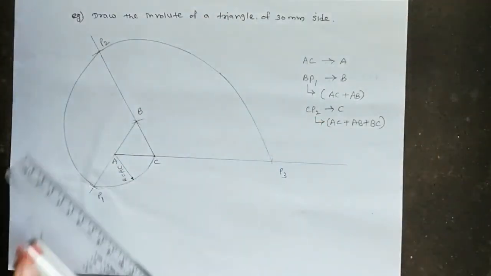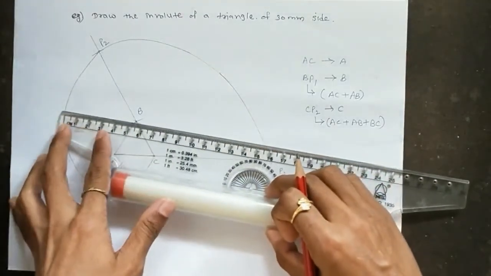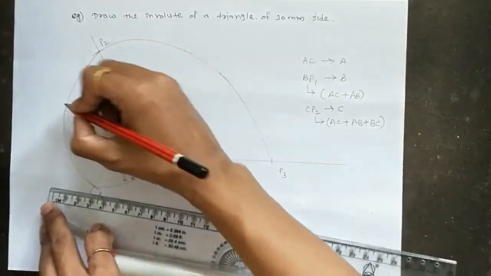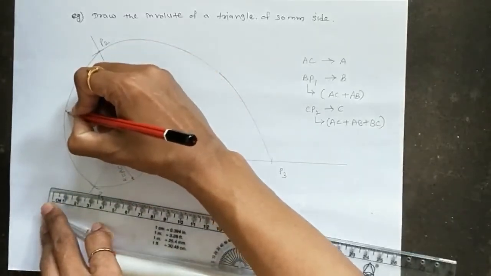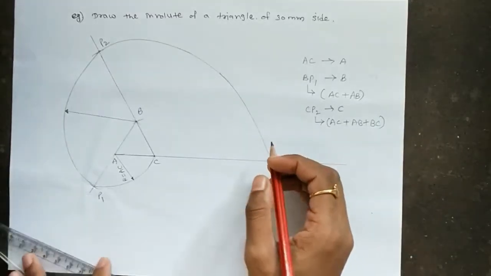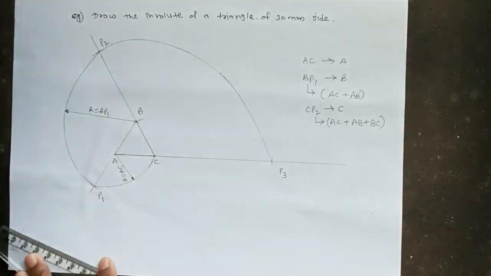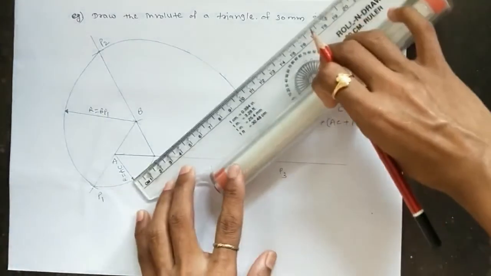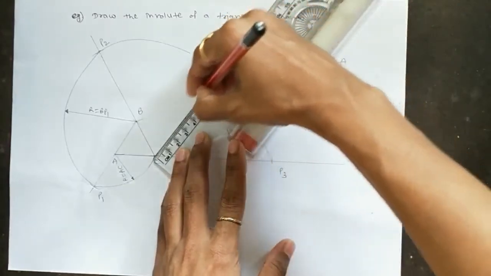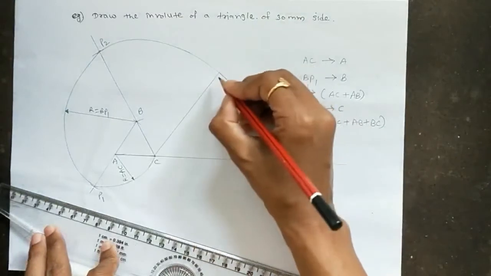Then give this distance, that is from point B to this arc, as radius BP1, and from point C give distance up to the arc as radius CP2.